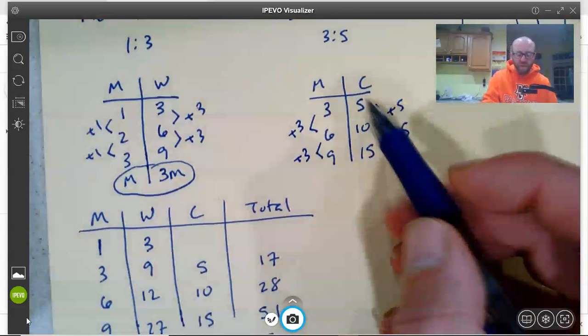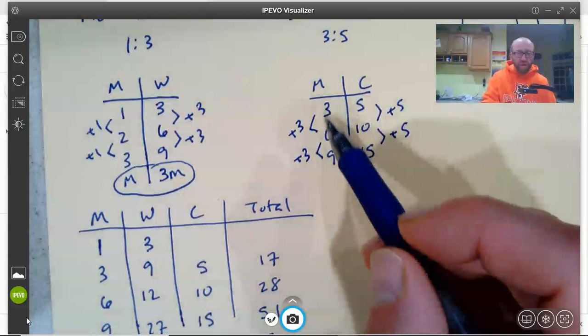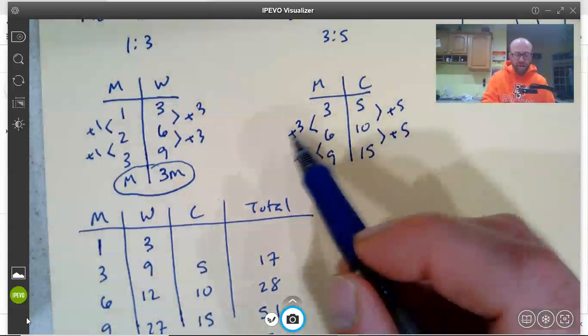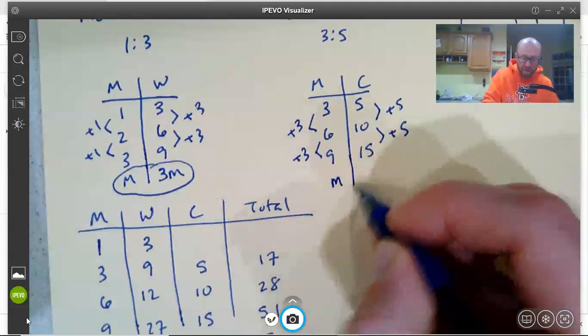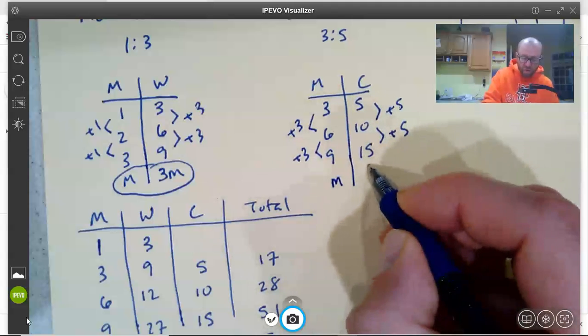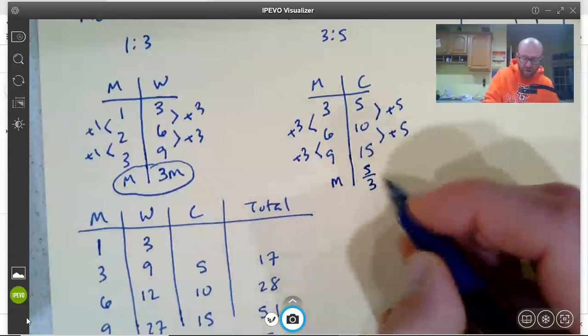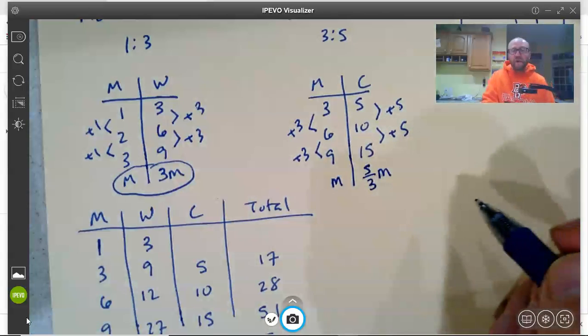So our rate of change of the number of children with respect to the number of men is 5/3. That means that for M men, the rule for children will be some variation on 5/3 M.